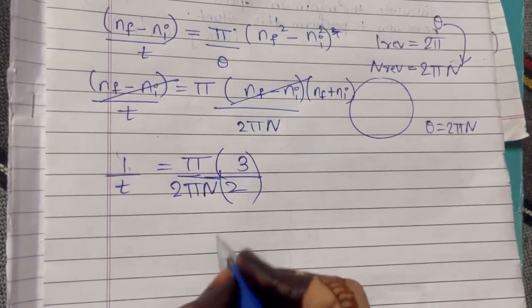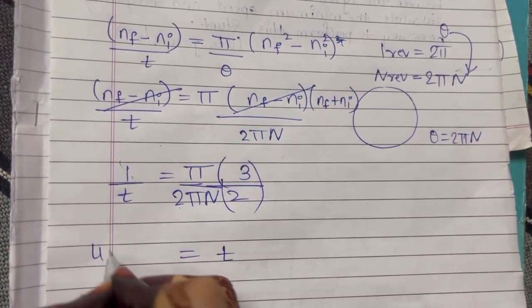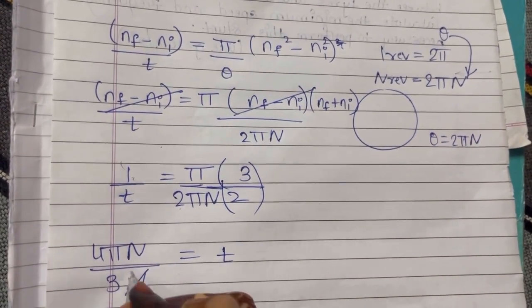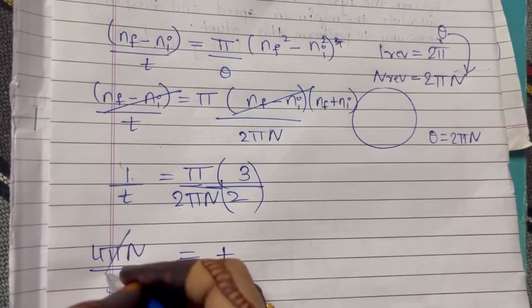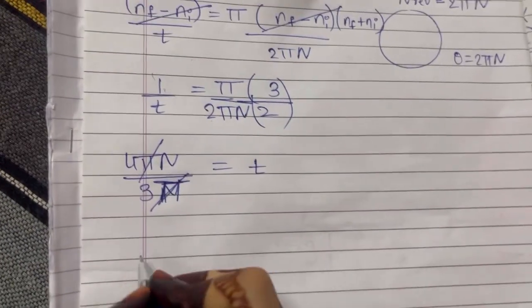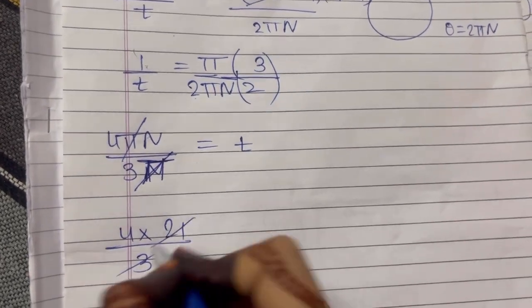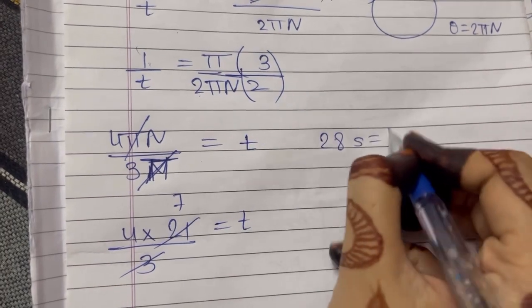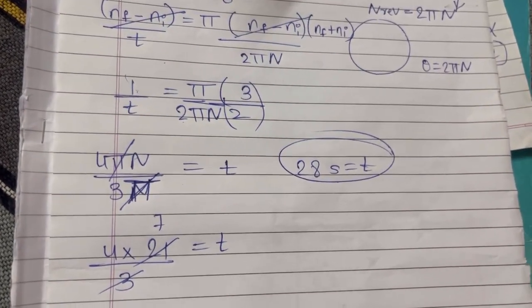Just shift this t over here. 2 2s are 4 pi n, and this 3 pi in the denominator on this side, also 3 pi. So this pi and this pi get cancelled. So 4 into the value of n, which is 21, upon 3. 3 7s are 21, so 4 7s are 28. Seconds is the unit of time. So the fan will stop after 28 seconds.